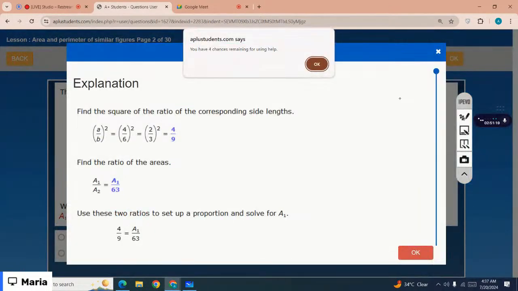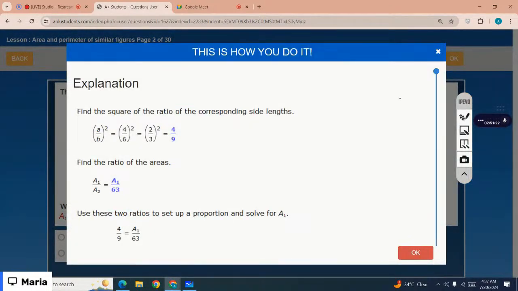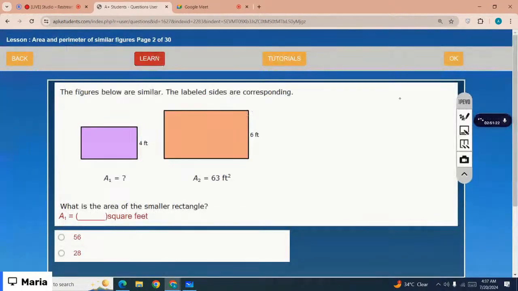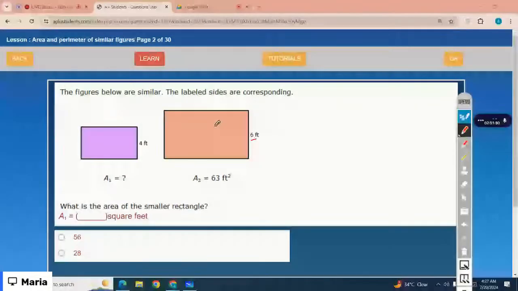You have to calculate the area. So you need to calculate the sides, right? Need to do this side, that would be 36 over 16, and that equals 63 over A1.